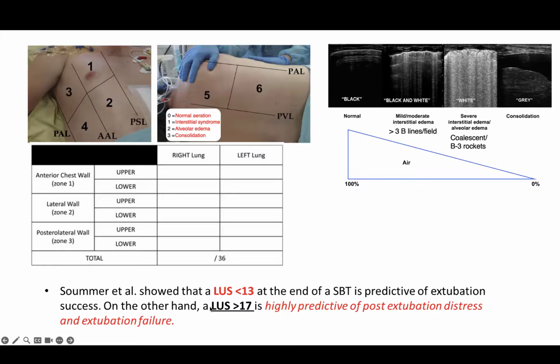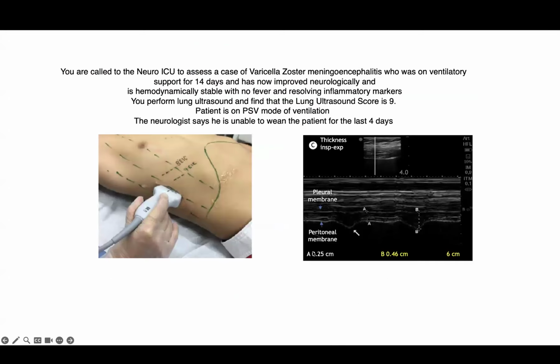On the other side, a lung ultrasound score more than 17 is highly predictive of post-extubation distress and extubation failure. So most of you have answered this very well. Excellent. Okay, fine. Jaydeep has answered 0, 1, 2, and 3. Yeah, that's correct. That is what I had actually expected.